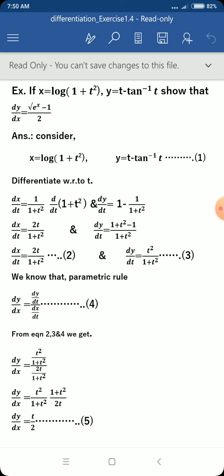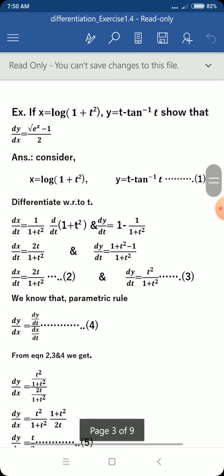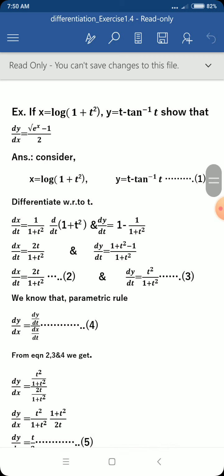Suppose 1 plus t square is x in mind, then we get log x, and derivative of log x is 1 upon x. Therefore, derivative of log of 1 plus t square is 1 upon 1 plus t square into d upon dt of 1 plus t square.